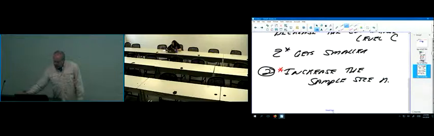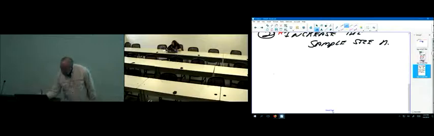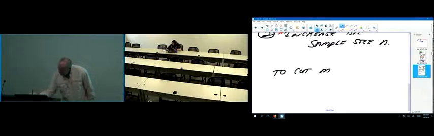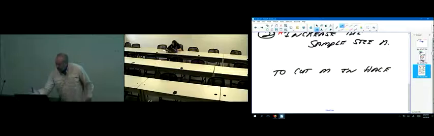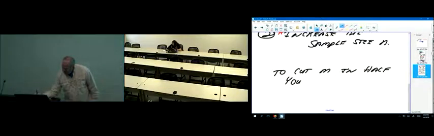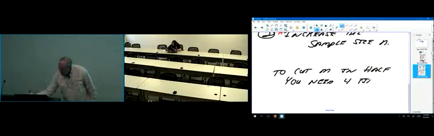I got one more little thought here. To cut m in half, whatever margin of error, with whatever sample size and whatever confidence level you're working at, to cut that margin of error in half, you need 4 times the sample size.